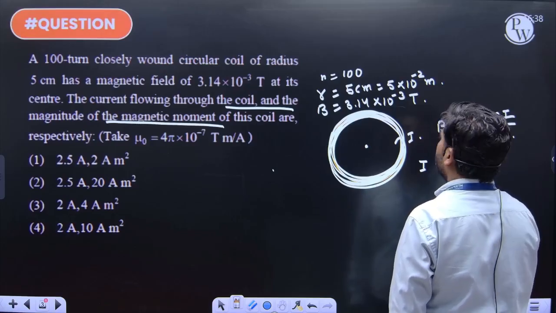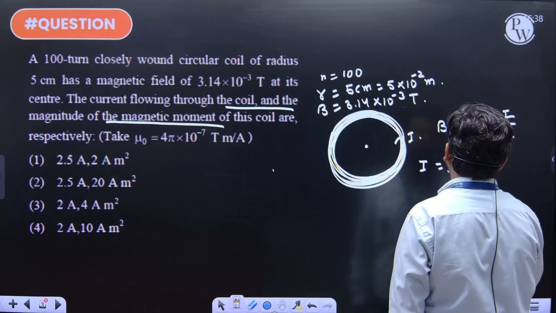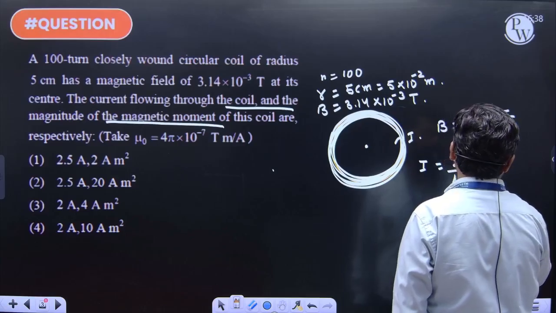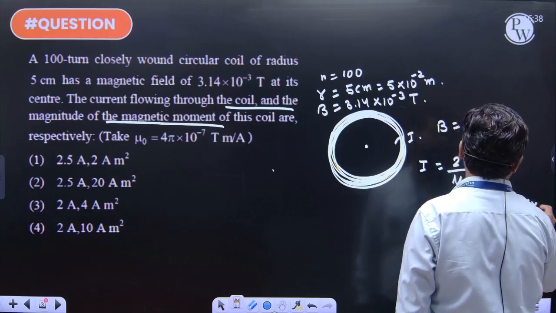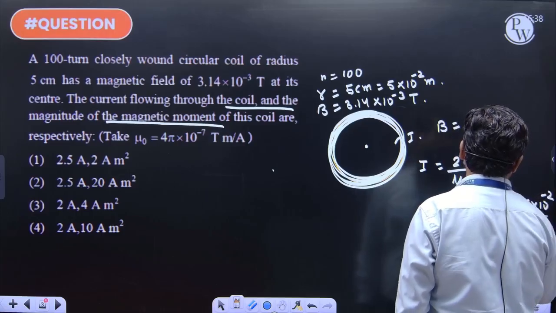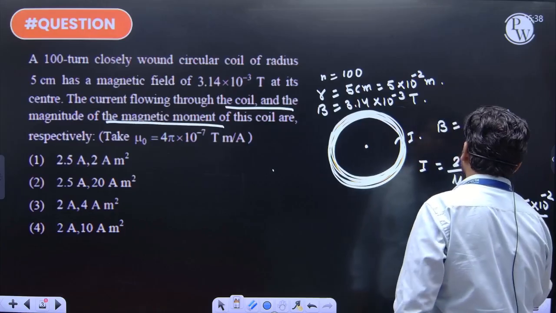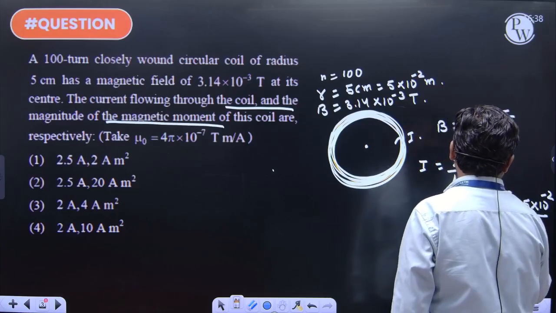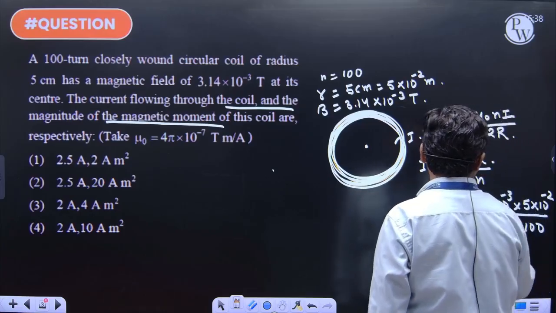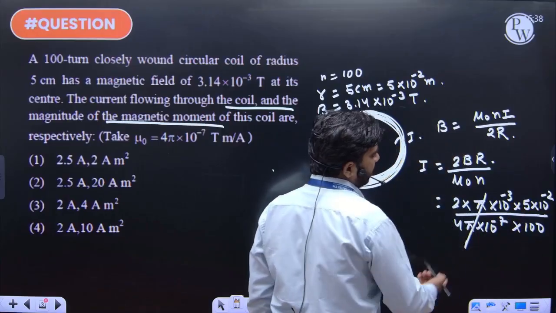So 2 into 3.14, I can write it as pi into 10 to the power minus 3. R is 5 into 10 to the power minus 2, divided by mu naught, which is 4 pi into 10 to the power minus 7, and N is 100, right? So many terms will be cancelled out. If you can see, you can solve it very easily.